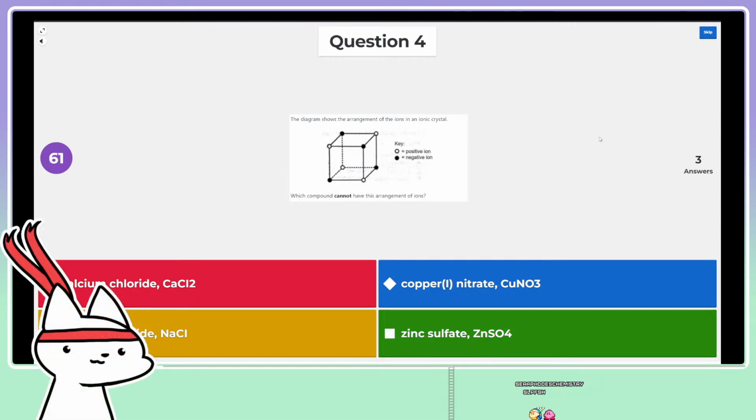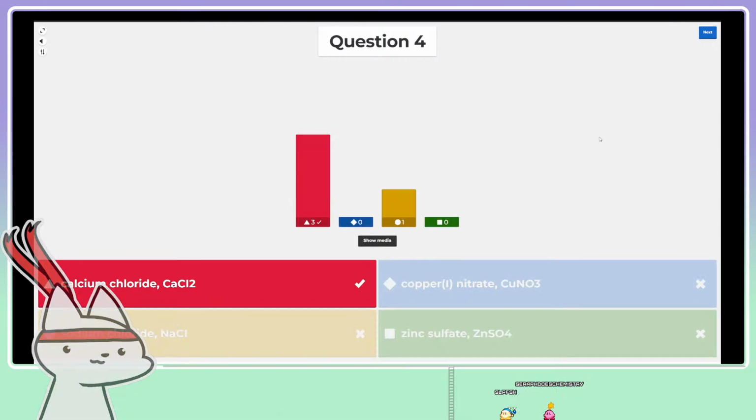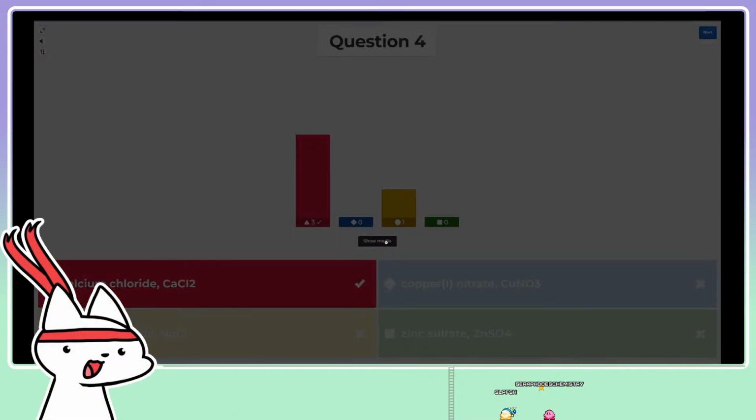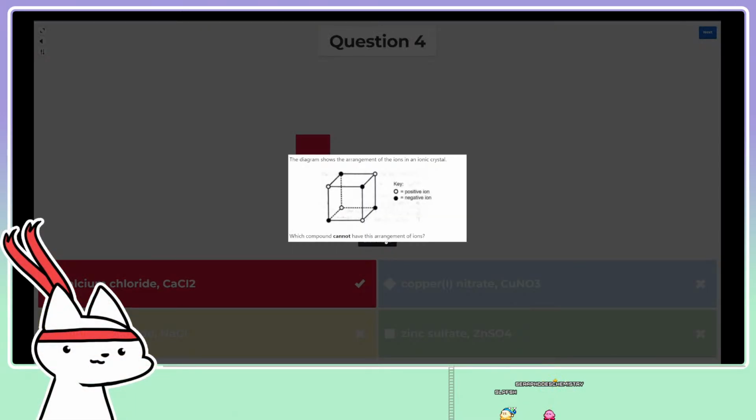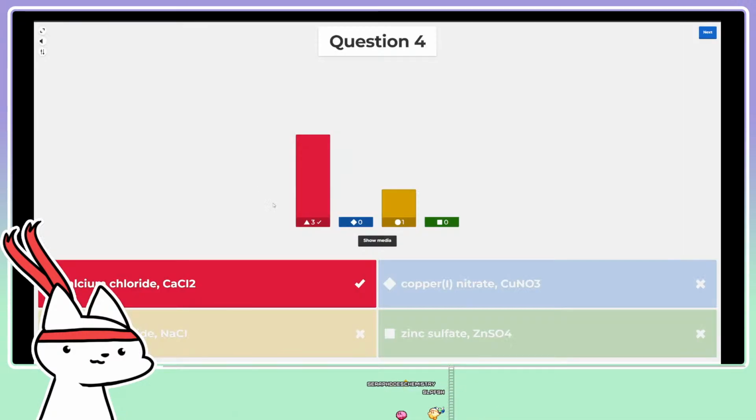So in this case, the positive is the white spot, the negative is the black. If you look at this picture, there are basically 4 black circles and 4 white circles. That means the ratio of black to white circles is 1:1. If you look at the selection, CuNO3 is 1 copper to 1 NO3.